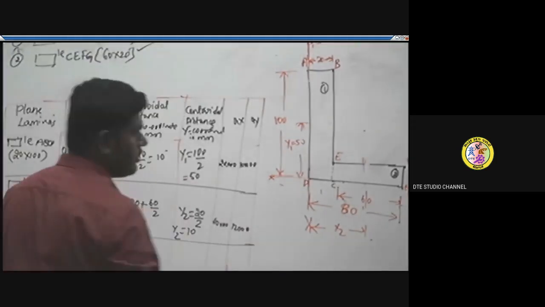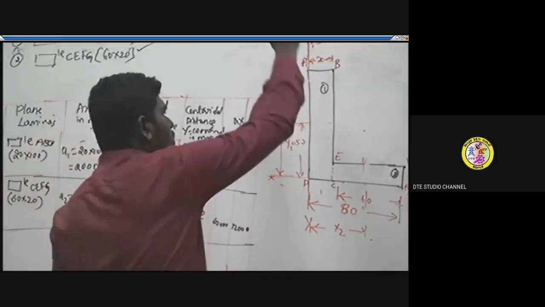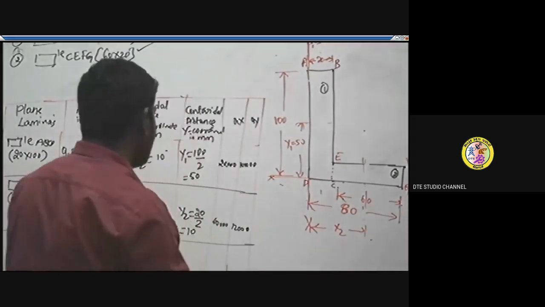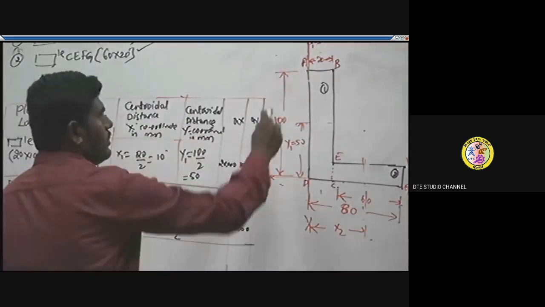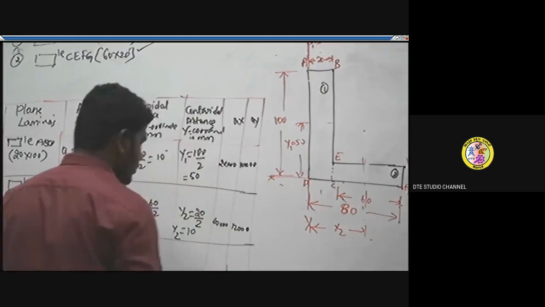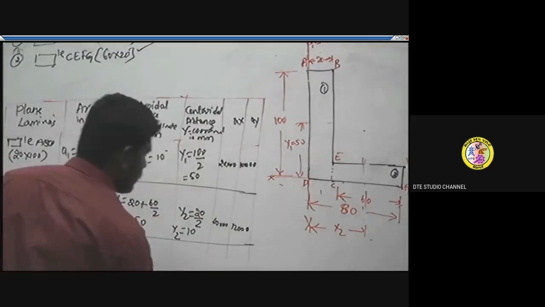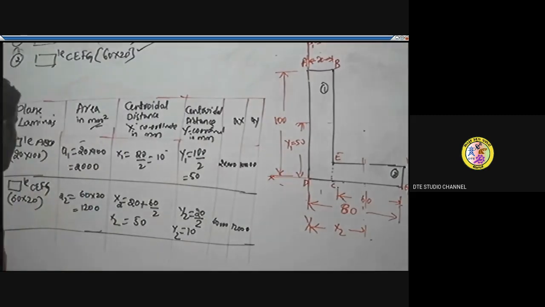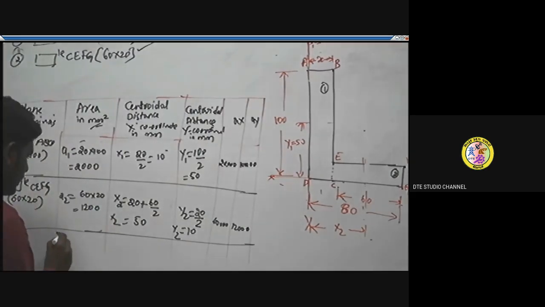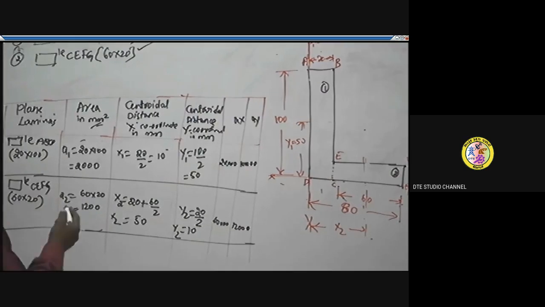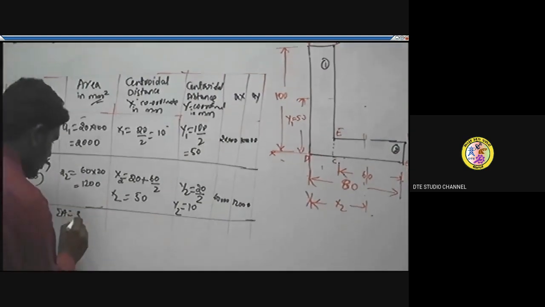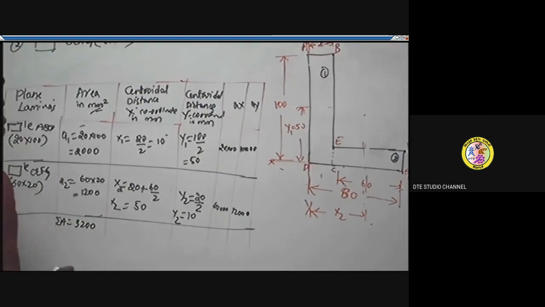Now just add up these two. In order to calculate the centroid for the whole L section lamina, we have found values individually for each of the laminas. Now we're going to calculate the centroid for the complete lamina. The summation of areas of these two, 1200 plus 2000, will be 3200 millimeters square.